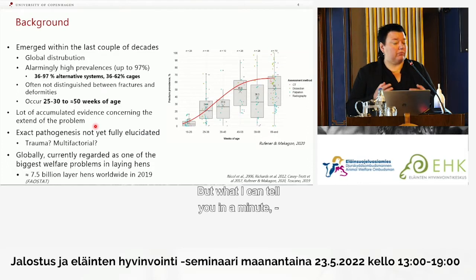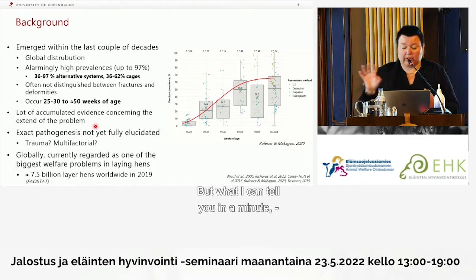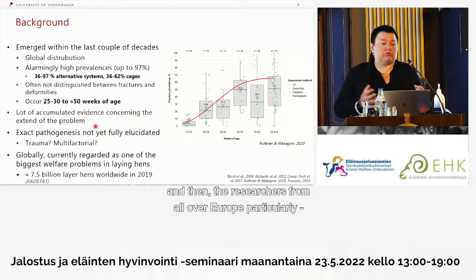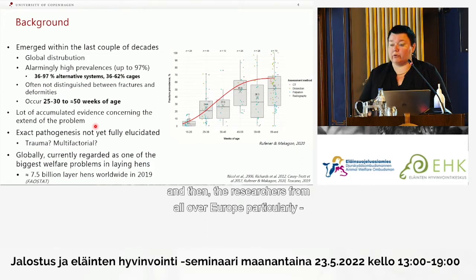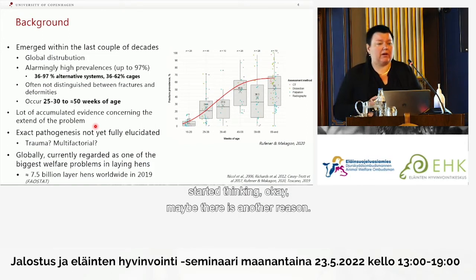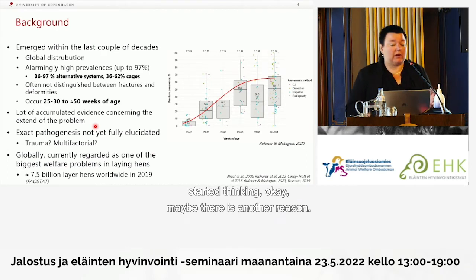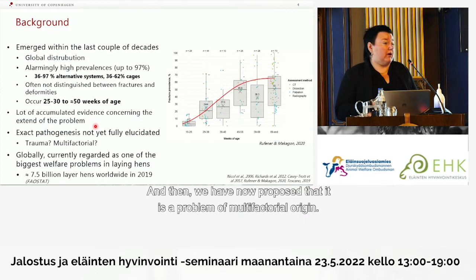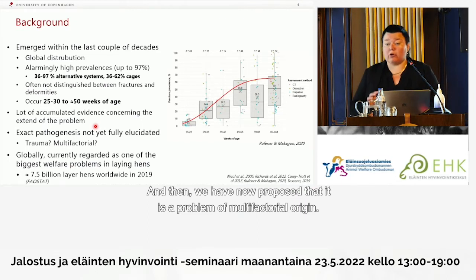But what I can tell you in a minute, then we could not really understand that, and then the researchers from all over Europe particularly started thinking, okay, maybe there is another reason, and then we have now proposed that it is a problem of multifactorial origin.